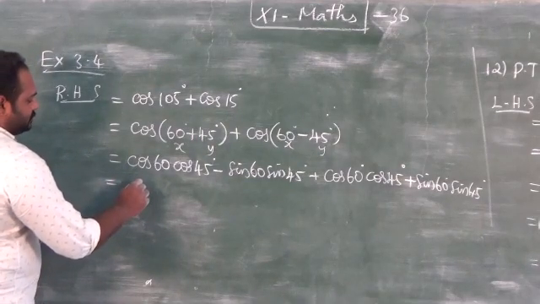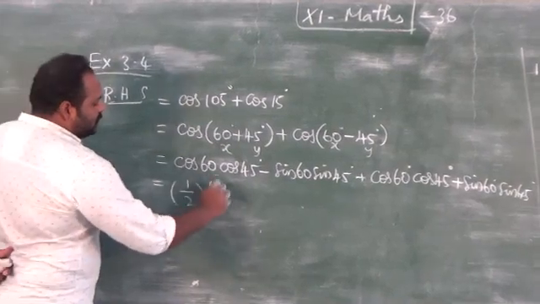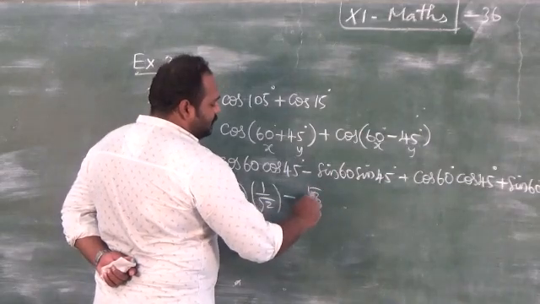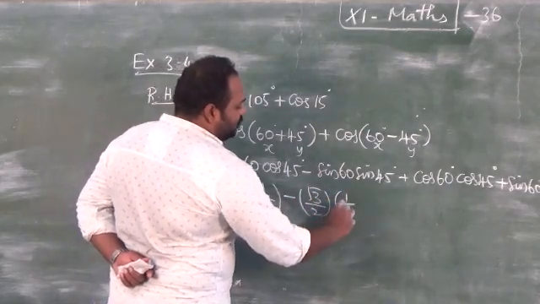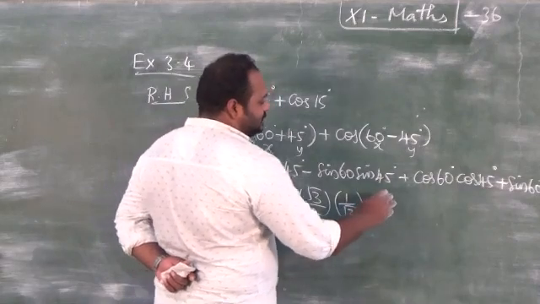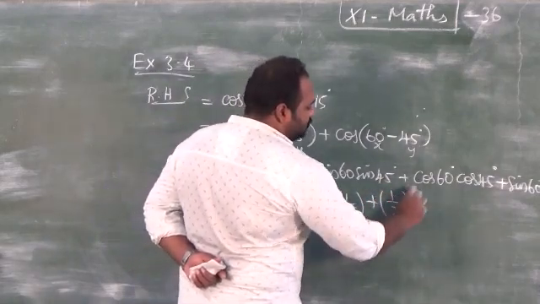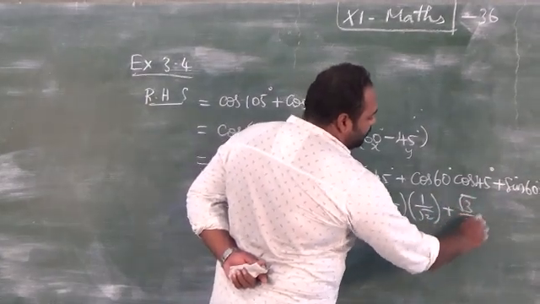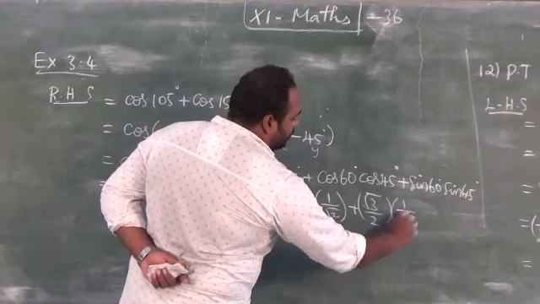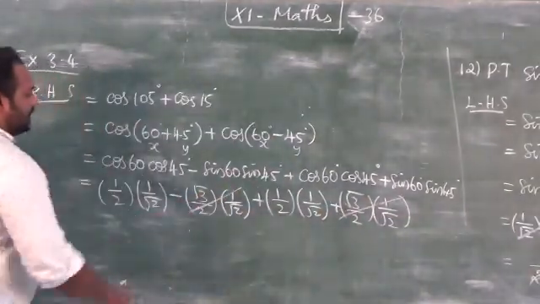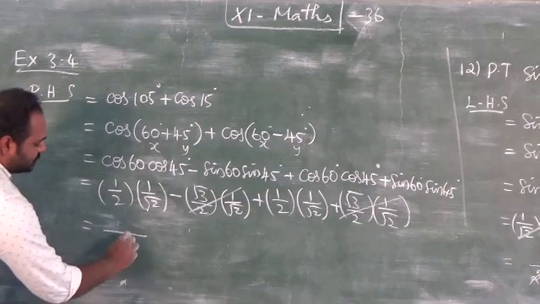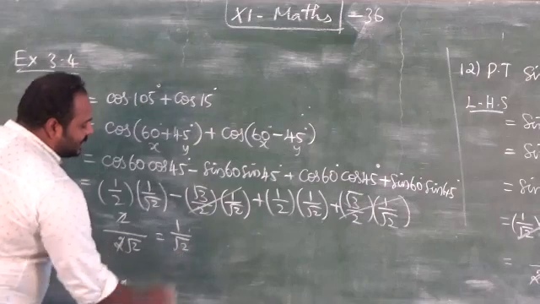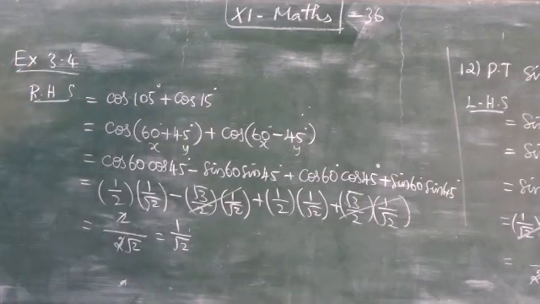Cos 60 value is 1 by 2 into 1 by root 2, and sin 60 value is root 3 by 2 into 1 by root 2, plus cos 60 value 1 by 2 into 1 by root 2 plus sin 60 value root 3 by 2 into 1 by root 2. This and this will be cancelled. The remaining denominator is 2 root 2, numerator 2, giving 1 by root 2. Look at the LHS and RHS: both are the same value, 1 by root 2.